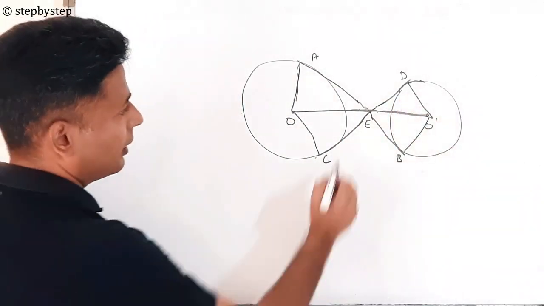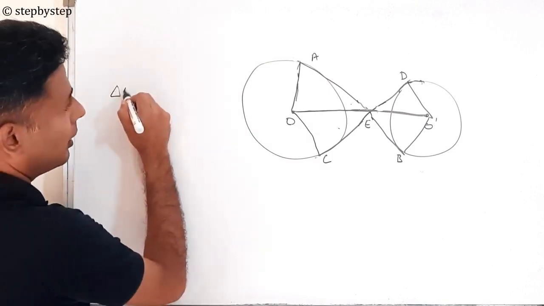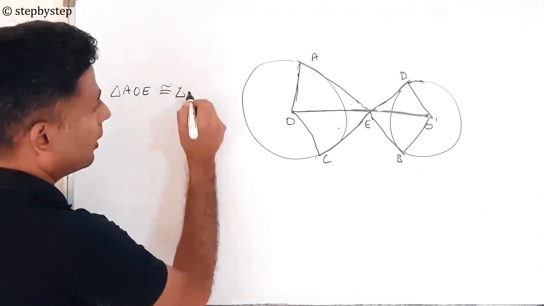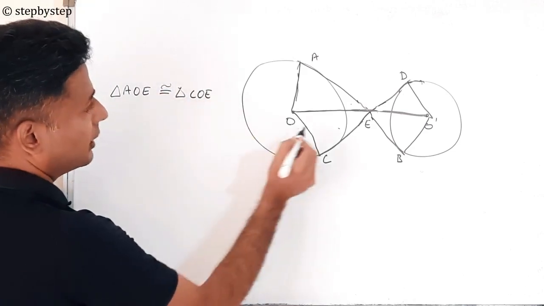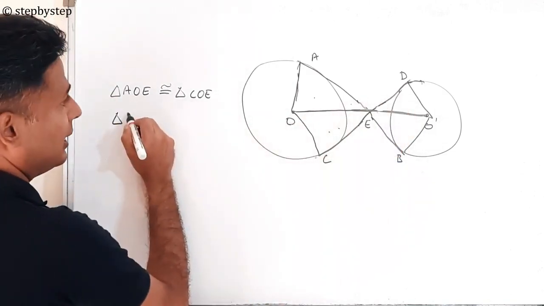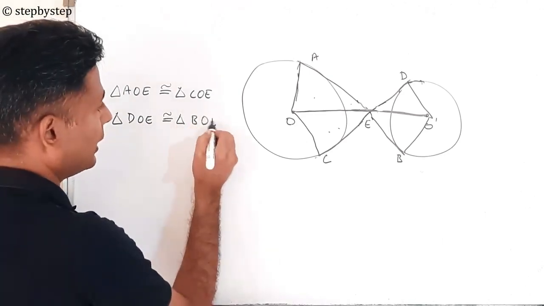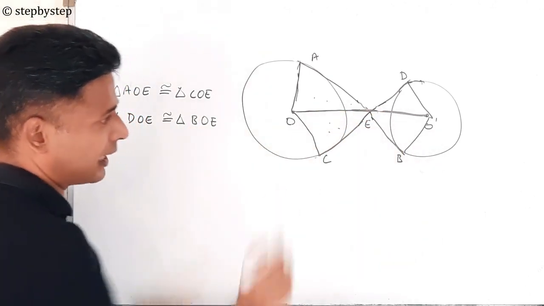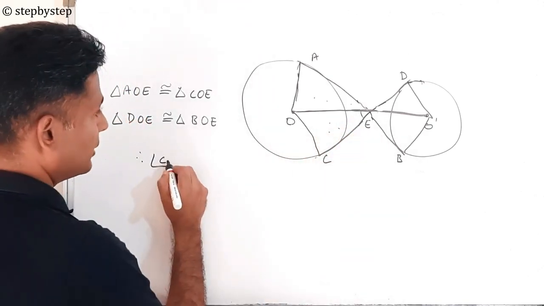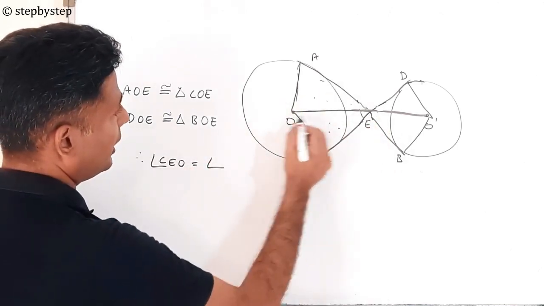What do we have? This triangle is congruent to this triangle. So we get triangle AOE congruent to triangle COE. Similarly, here I'll get triangle DOE congruent to triangle BOE. Right? These two triangles are congruent, these two triangles are congruent. Therefore, what do I get? Angle CEO equal to angle AEO.